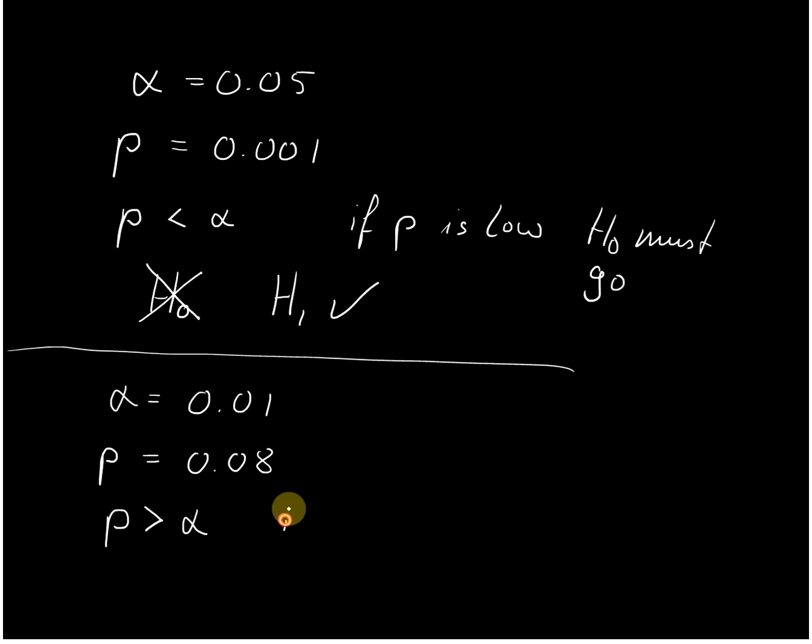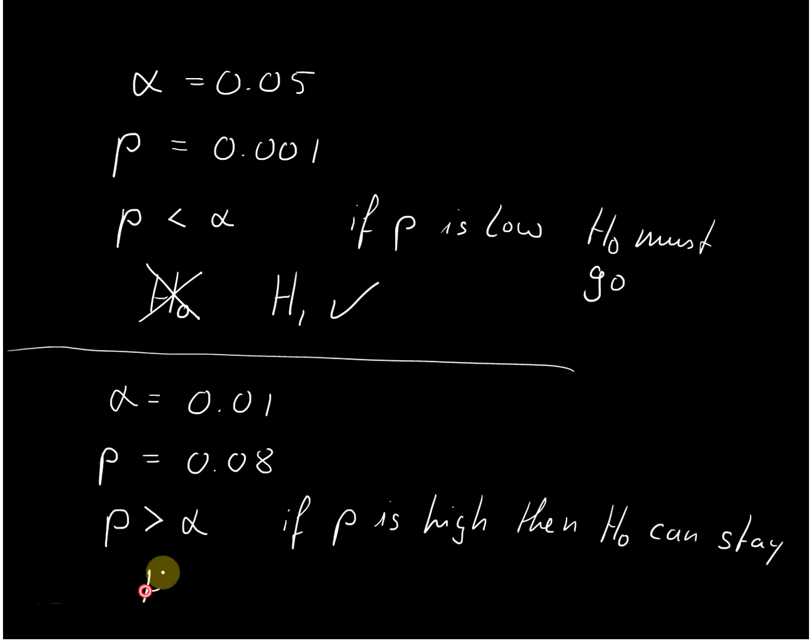And we say if P is higher than alpha, if P is high, then H naught can stay. And in this case, we say, yes, we can accept the null hypothesis and we do not accept the alternative hypothesis.